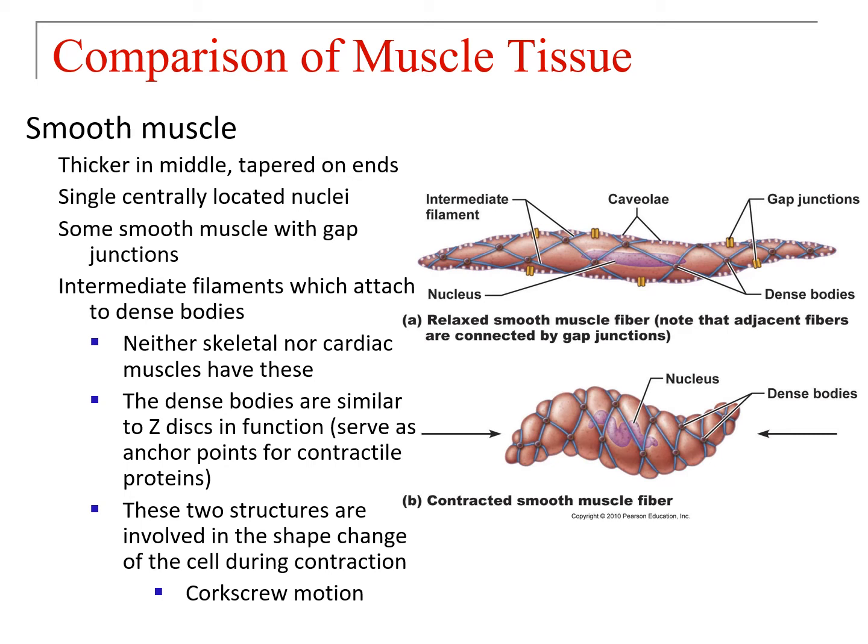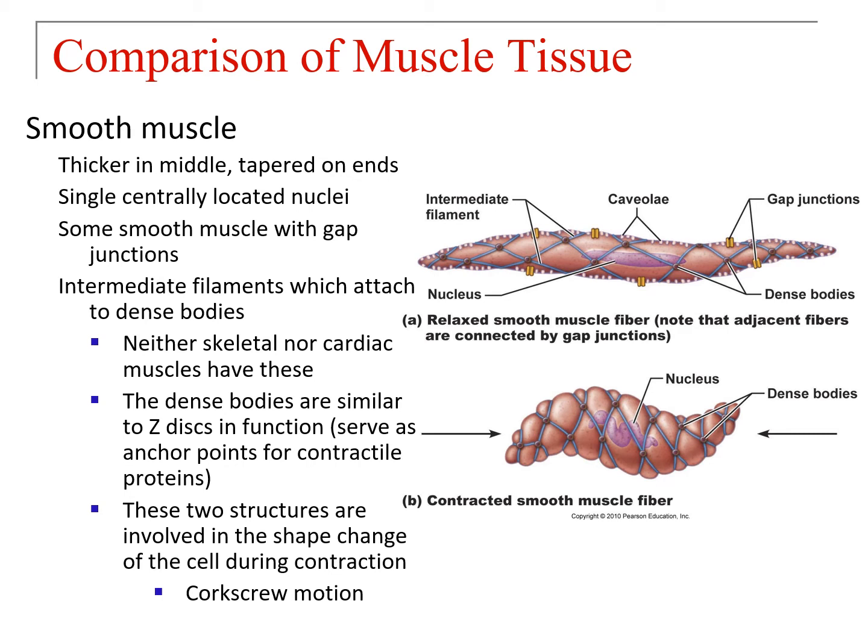But the biggest point of difference in terms of the arrangement of the actin and myosin is that there are thick and thin filaments, but they're contained in intermediate filaments, not in sarcomeres. So basically you have, if you look at the diagram, you'll see the intermediate filaments, which are sort of this cross webbing that's across the muscle cell.